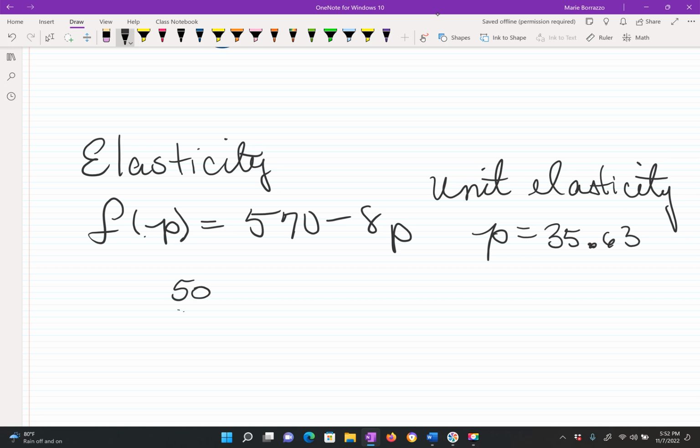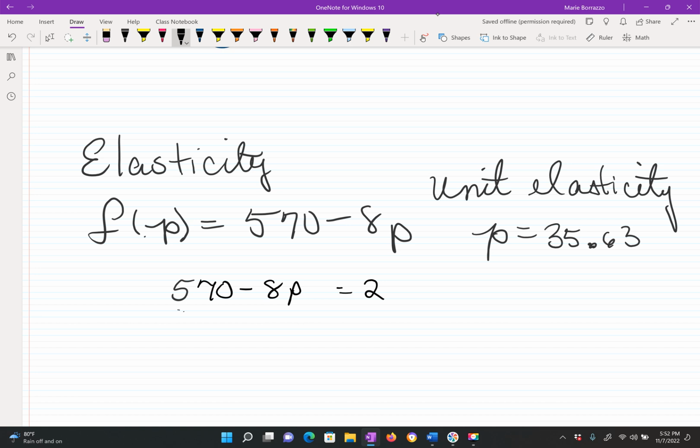What are you saying to me? You wanna set this equation 570 minus 8p equal to 1, that's all you wanna do? There's more to it. Would it be 570 minus 8? Oh wait, no, it would be negative 8 divided by 570 minus 8p times 1, all times.